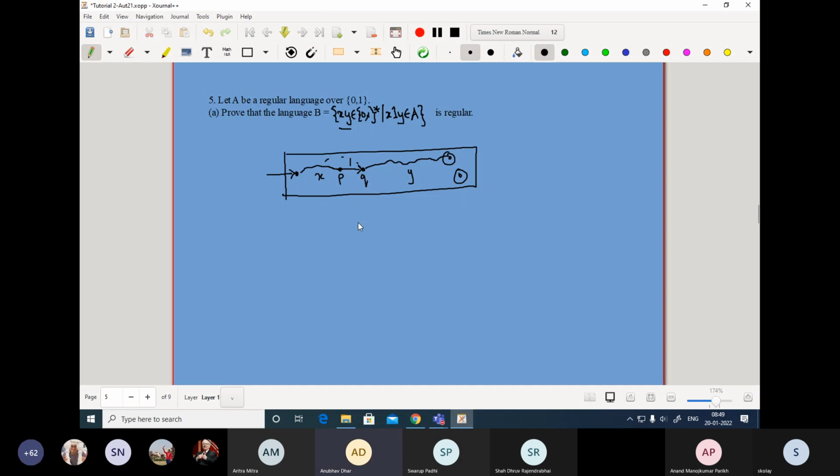Ma'am, if this is one NFA for A, we can make q copies of it, and for each copy, we can loop a 1 for a particular vertex. So it will be the NFA for the set A union B. Just for one copy, let's say this copy is for P, what are you doing? You're looping 1 from P to P for the alphabet 1. But then you will accept different kinds of languages, right?